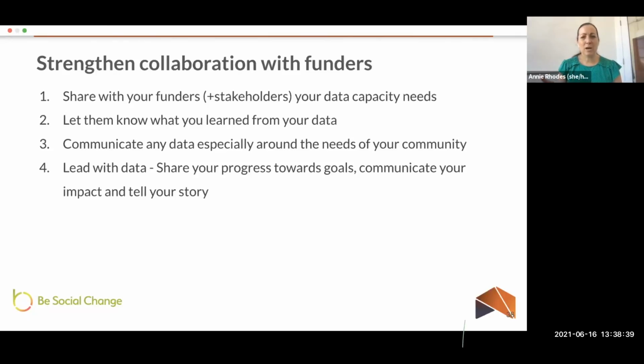So the other shift that's happened with funders is they're trying to move away from the funder has a certain impact and they're going to tell you what impact they're trying to achieve. What they're starting to look at, and not everyone's here, so you can tell them if they're not here yet, the funders you're working with. But what they're starting to say is the organizations we're funding know more about what outcomes and what impacts in the communities that they're serving than we do as their funders.